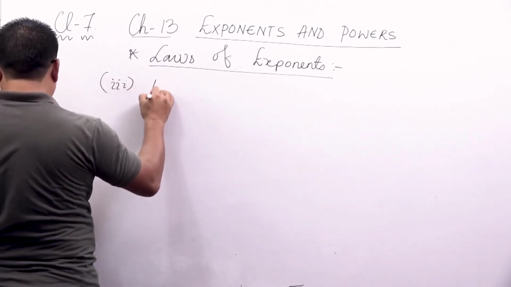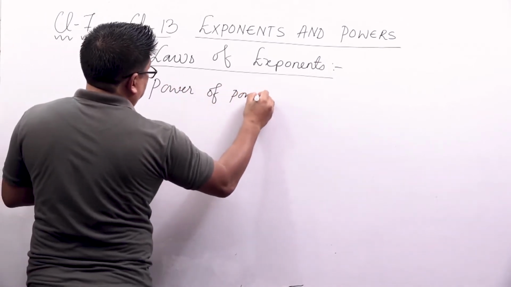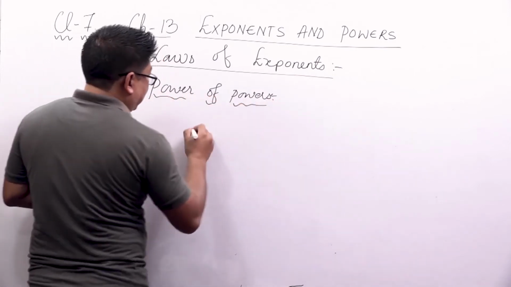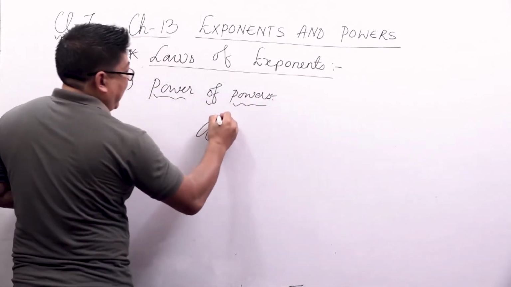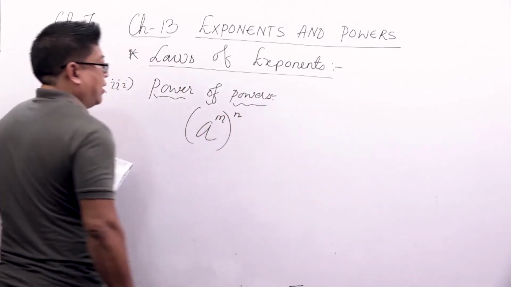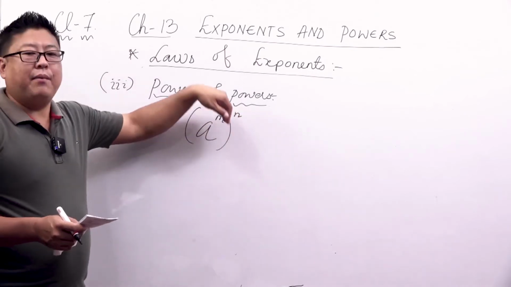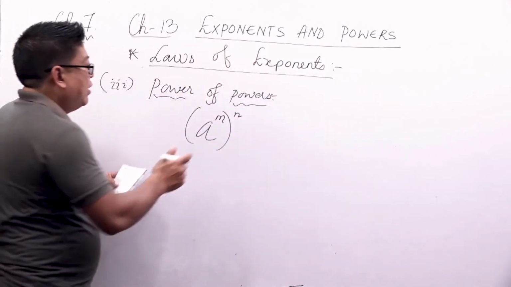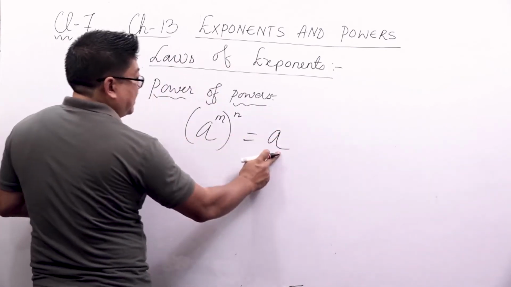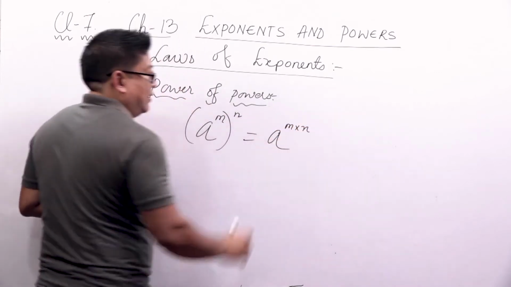Now there's something we have to know. Power of powers. Now this means if I have a base a and power m of power n, power of powers. So one more power above another power. So what happens here is the base a will be same, and these two powers will be multiplied.